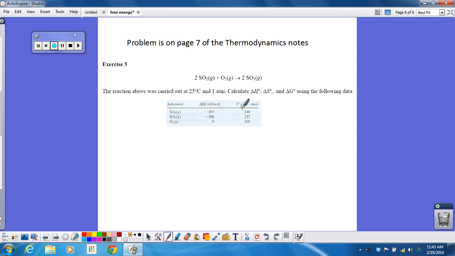If we calculate delta H and delta S, we can take those two terms and use them to calculate delta G. So delta H for this system is equal to the heat of formation of the products, which is 2 times negative 396, minus the heat of formation of the reactants.